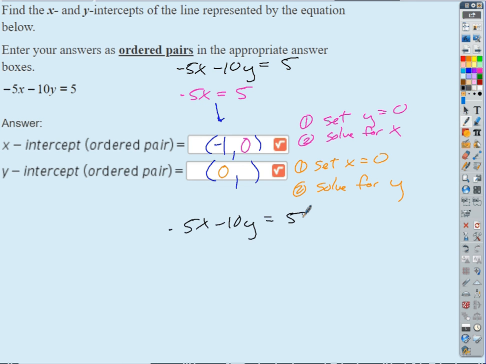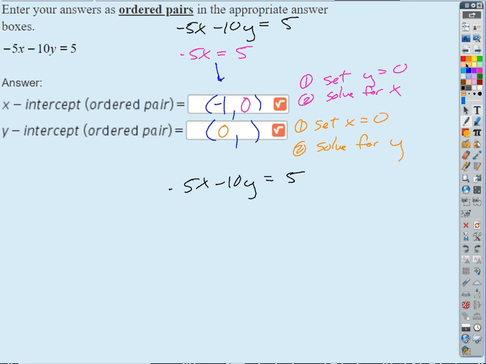I'm setting x equal to 0, well, what's that give us? We get negative 10y equals 5. I'm just covering that term up. One step to solve for y. Divide by negative 10, and I get y equals negative 5/10, which is just negative 1/2, right?